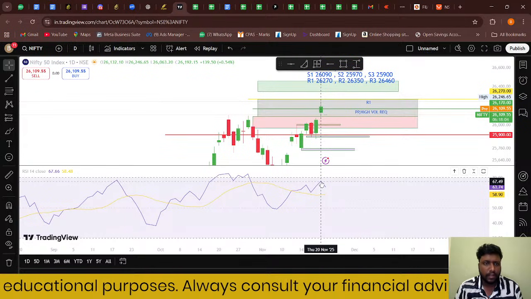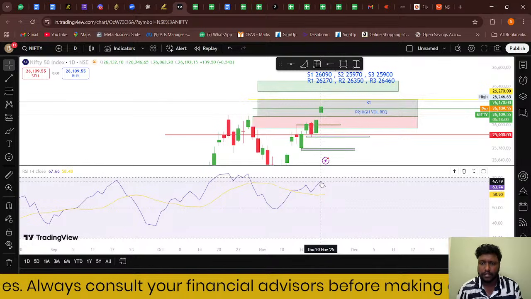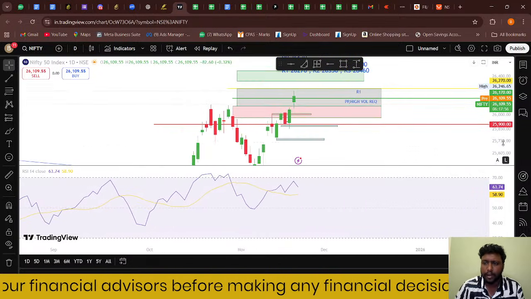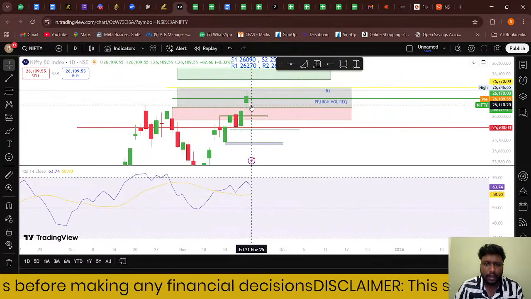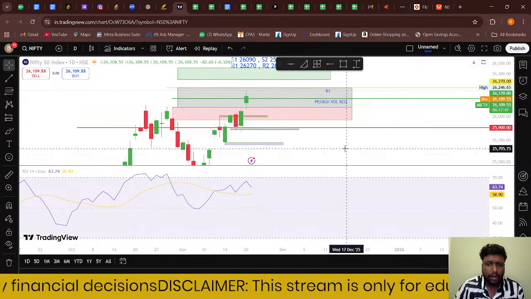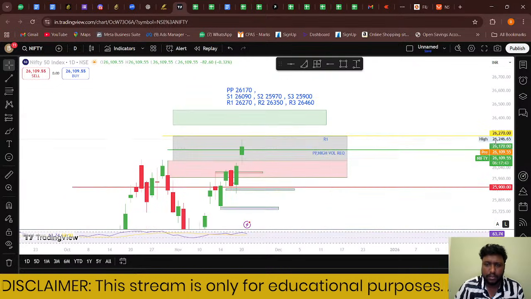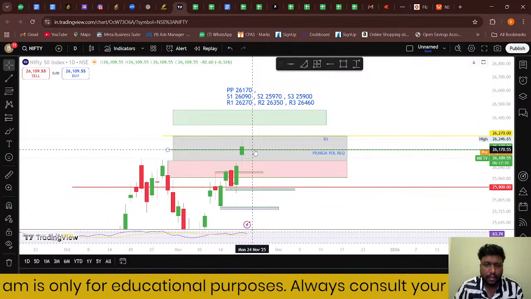Above 70 we can consider it an overbought zone, but it is still not there. So I still suggest a mild neutral to mild bullish view today also, but as it is opening with a gap down, let's wait for the proper entry to happen with volume validation. We will plan our trade with respect to the pivot line for the day, as I said.